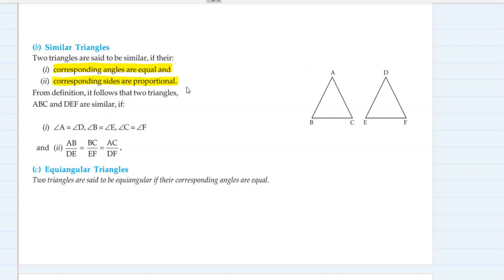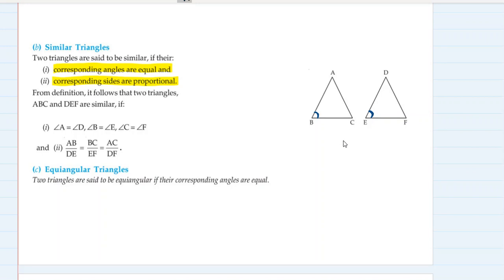Now what do you mean by corresponding angles? Those who have studied congruency in detail and carefully understand the meaning of corresponding angles. Corresponding angles are those angles which lie in corresponding positions, or complementary positions, to each other in both the figures.